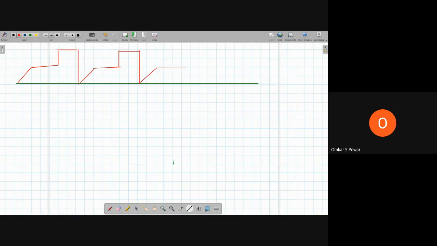Now, the time values are 0, 1, 2, and 3, this is 4, this is 5, and this is 6. So it repeats like that.